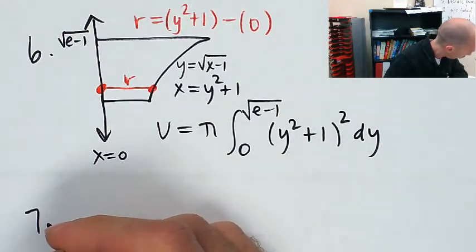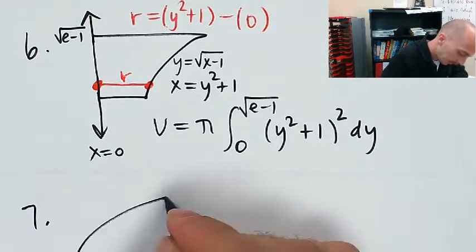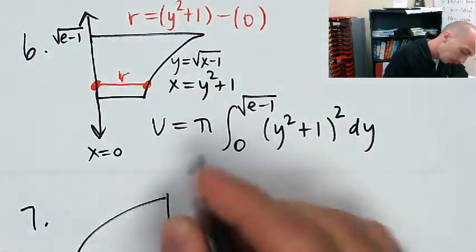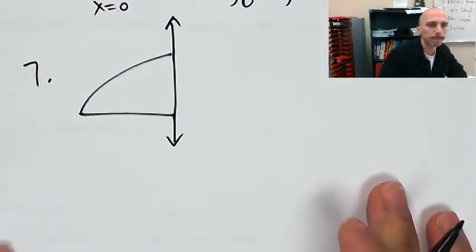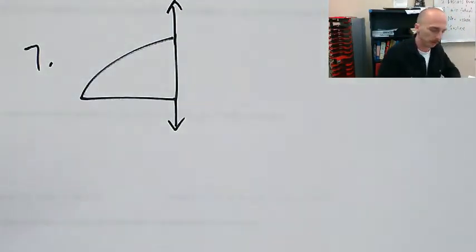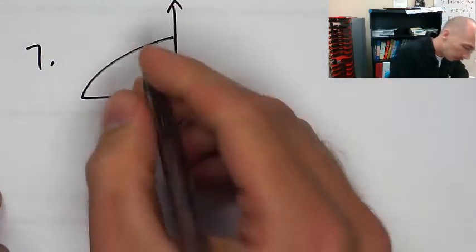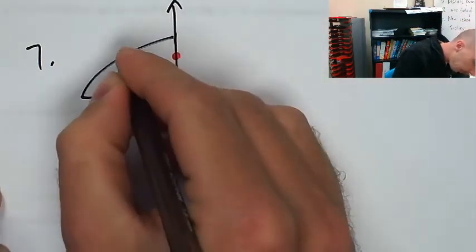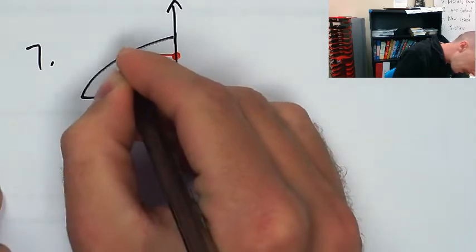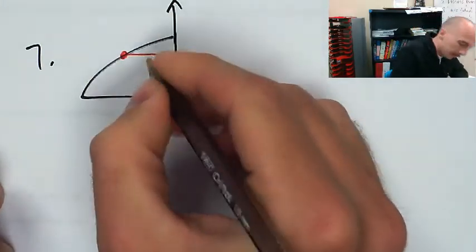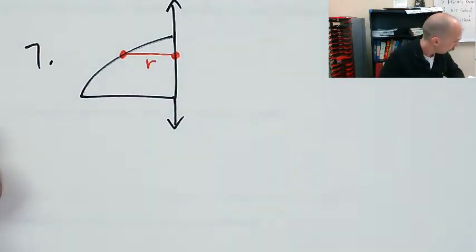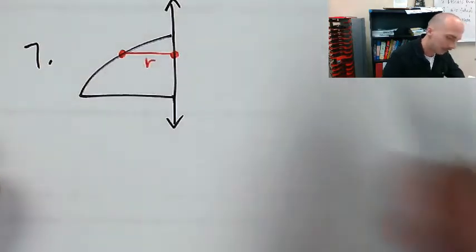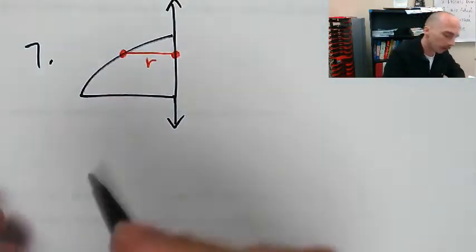Okay, number 7. It's going to be rotating C around the vertical line x equals e. So that's this line here. I'll need a radius, a representative rectangle. C has a different curve on the side of it.